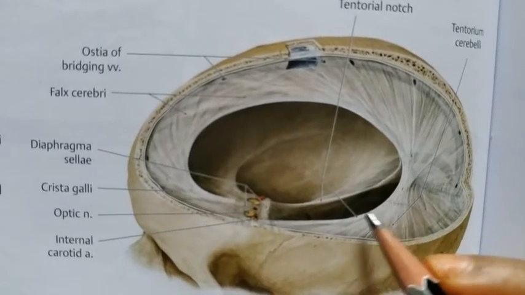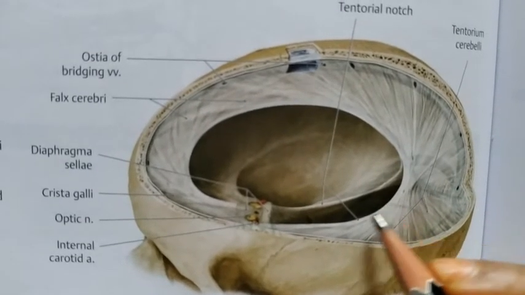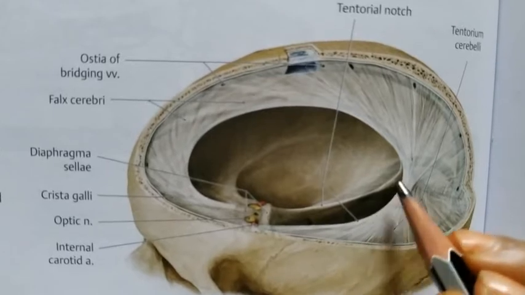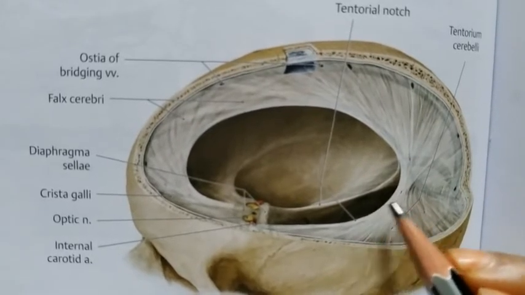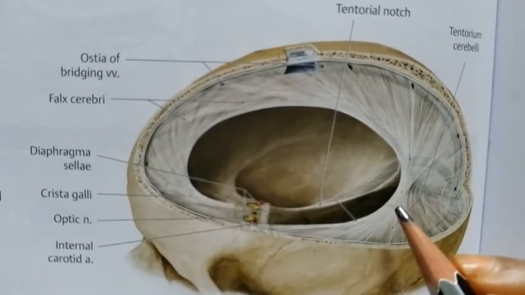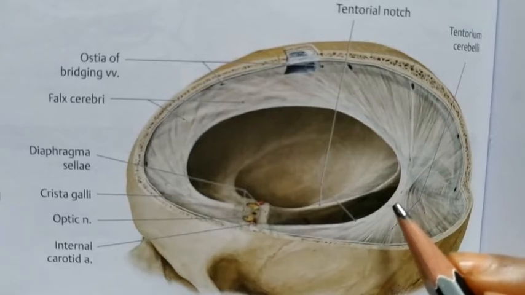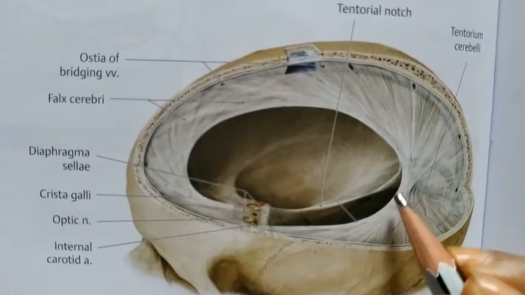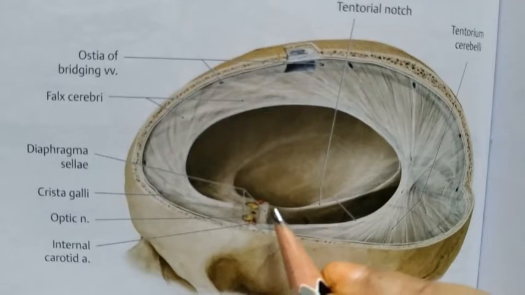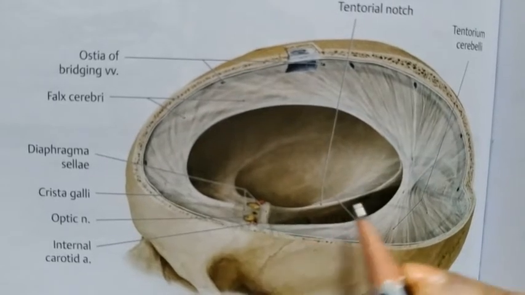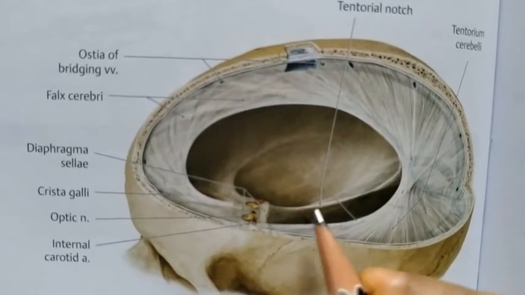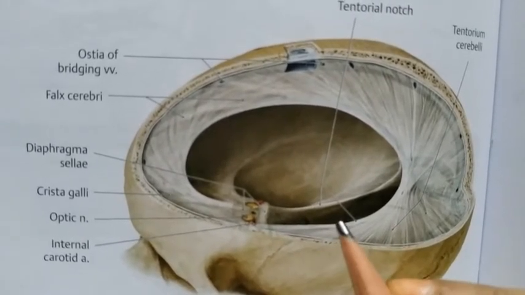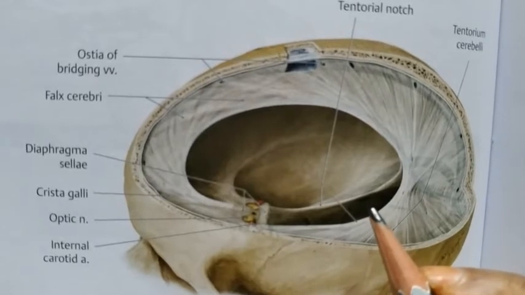Then on the anterior free margin of the tentorium cerebelli there is a U-shaped notch, called the tentorial notch. This notch contains the midbrain and the superior vermis of the cerebellum.